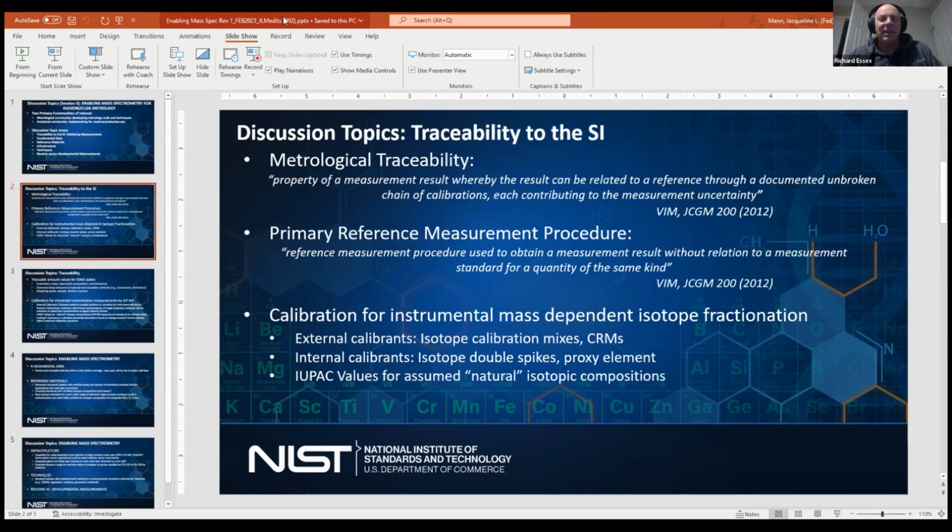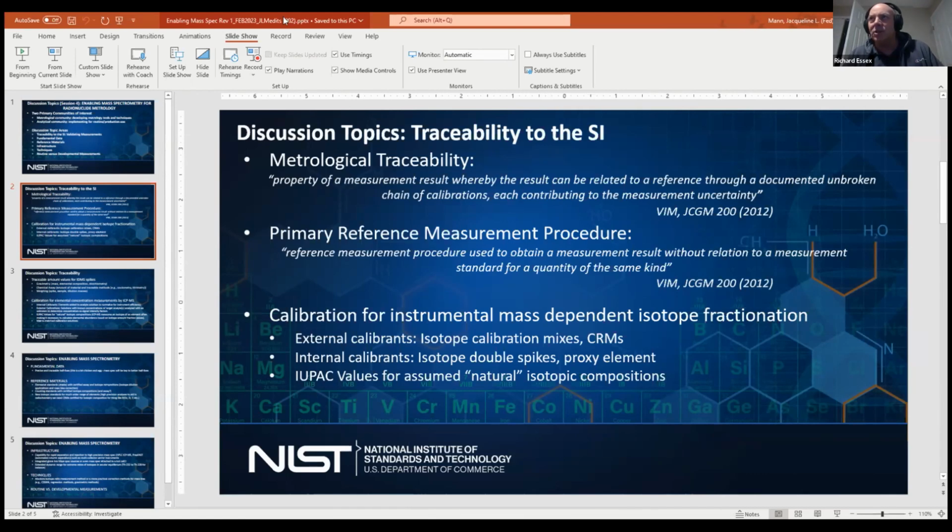Rather than me talking, I'd really love to get the perspective of the group. Are there particular concerns or insights that folks have into traceability for the kind of measurements we want to do for radionuclide metrology, which can sometimes be straightforward isotope ratio measurements for some systems where you have multiple radionuclides of the same element, true isotopes.